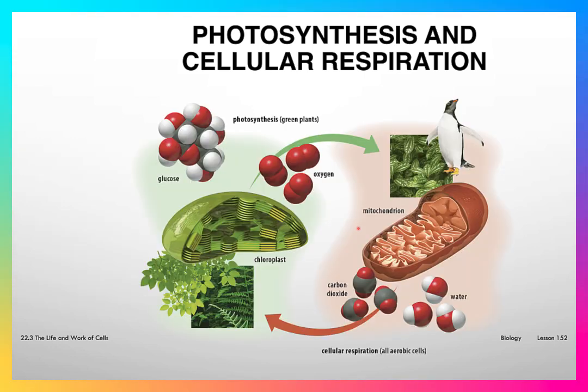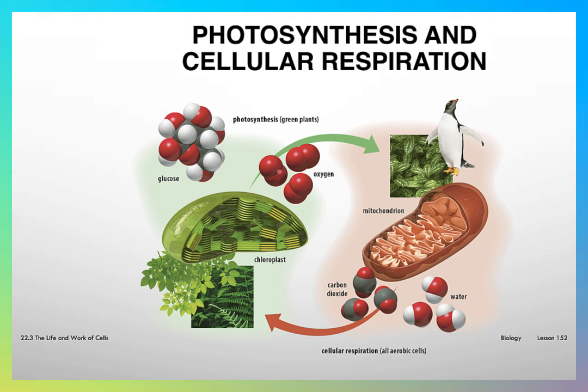So here on this left side, you see a chloroplast, which is where photosynthesis occurs. Carbon dioxide enters the plant through the leaves, and photosynthesis occurs within the chloroplast, producing glucose and oxygen.